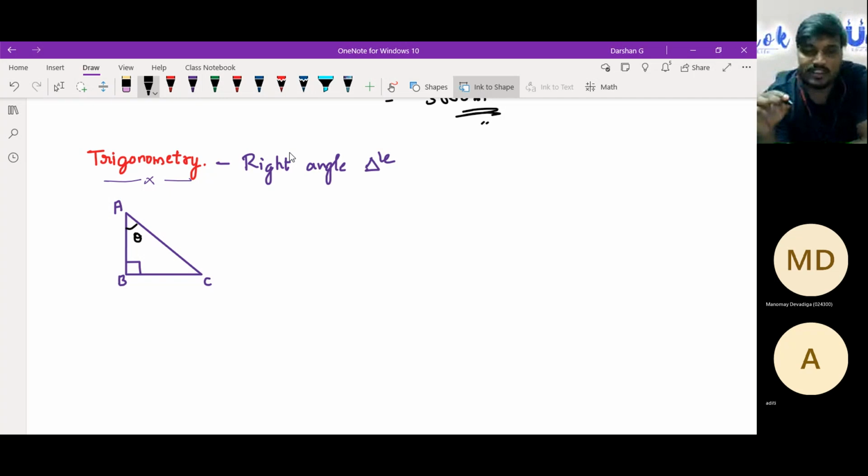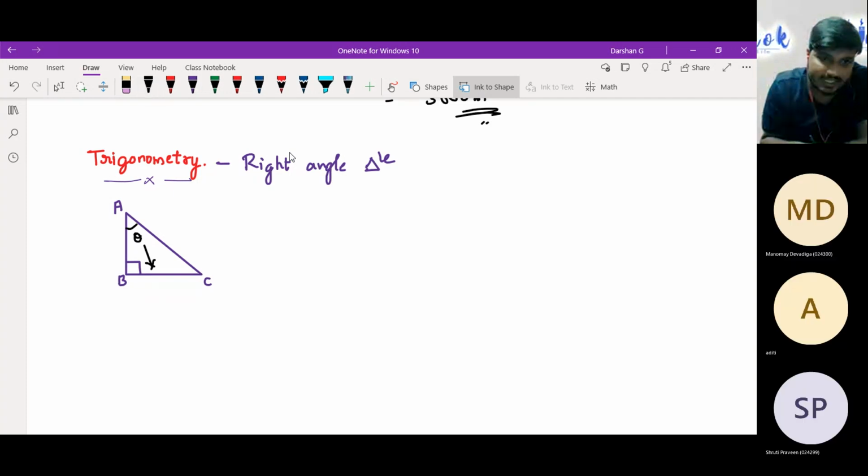According to this theta, the other two components are determined, that is opposite and adjacent. The side which is right opposite to this theta is called the opposite side.